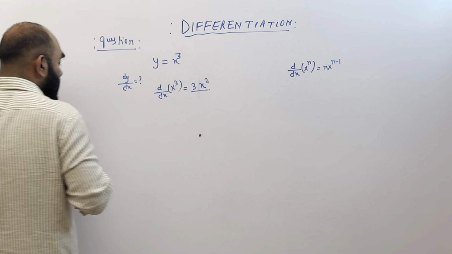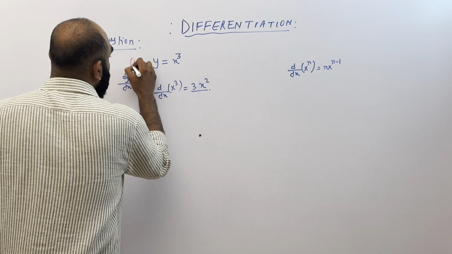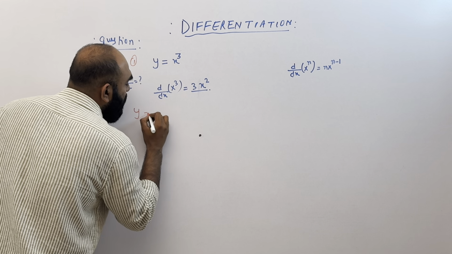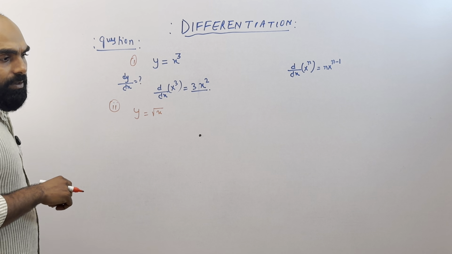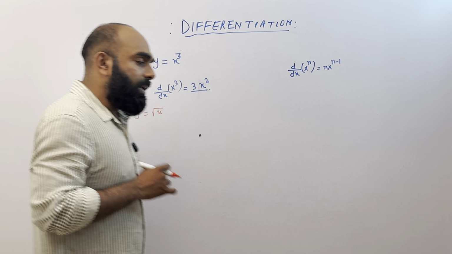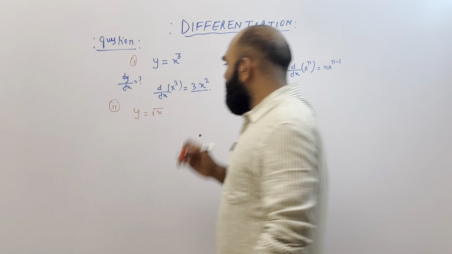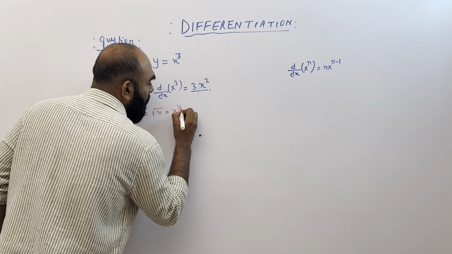Okay, take the second question. This is my first question. Second question: y is equal to root x. What will be dy by dx of this one? What will be d by dx of root x? Sir, can I write this root x as x to the power 1 by 2? Yes, sir.